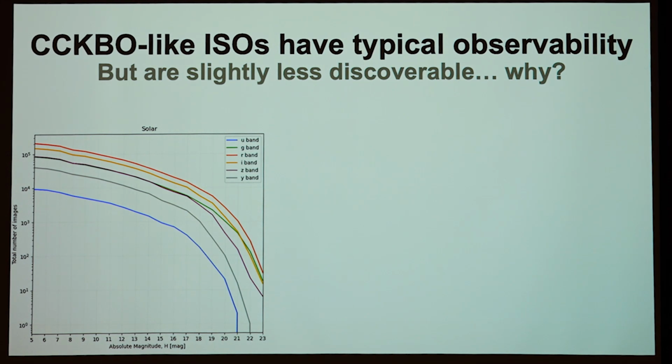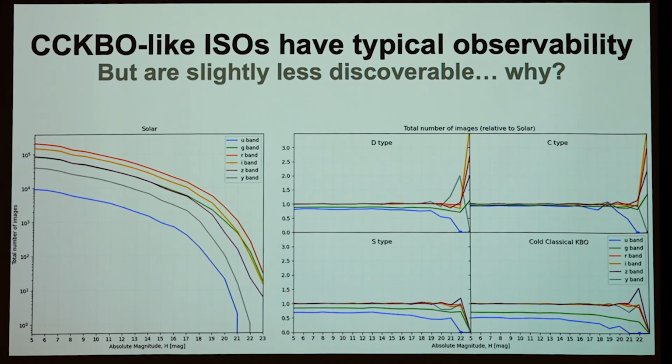So this is a wonderful rainbow plot of the number of images received by solar type interstellar objects throughout the 10 years of the survey. R band comes out on top, which is great for the solar system, the U band is on the bottom, followed by Y. And if you plot this for the other colour types relative to solar, it's mostly constant, all down at the bottom where the object gets very, very small, that's a lot of noise.